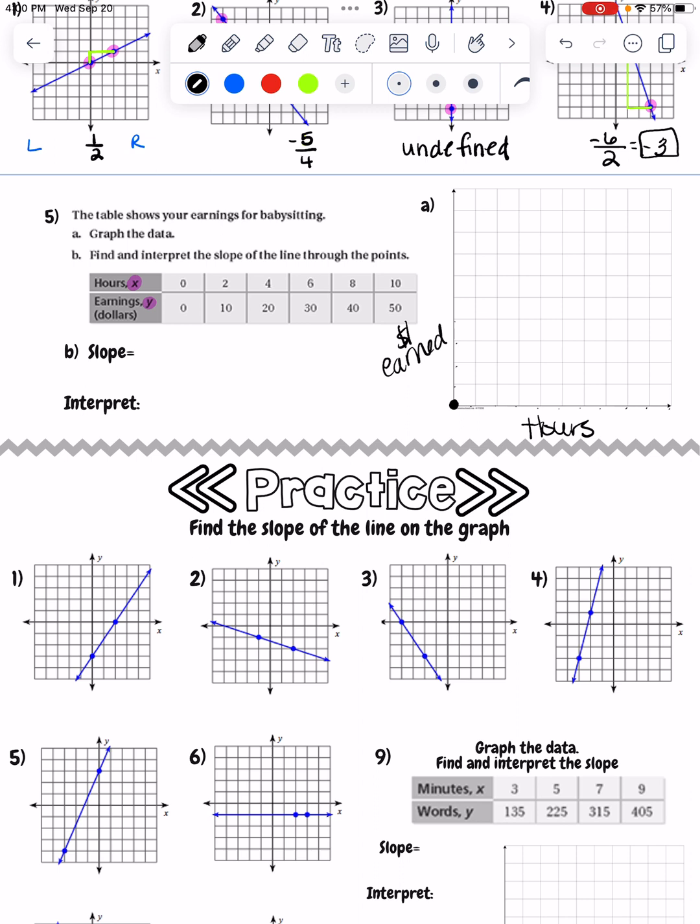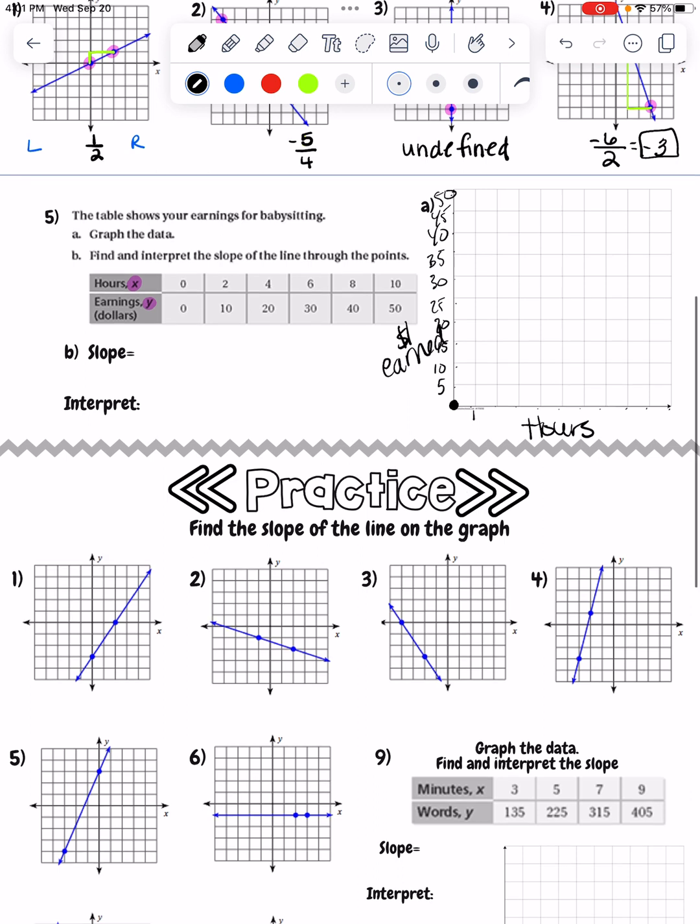For this one, we're going to have to count by fives: 5, 10, 15, 20, 25, 30, 35, 40, 45, 50. And then our hours are 1, 2, 3, 4, 5, 6, 7, 8, 9, 10. So we've already plotted 0, 0.